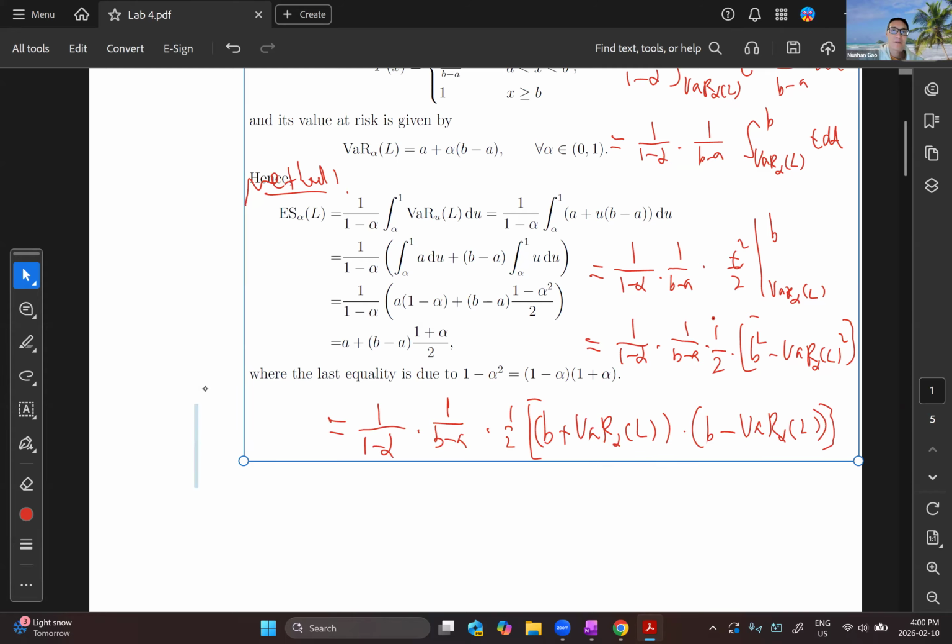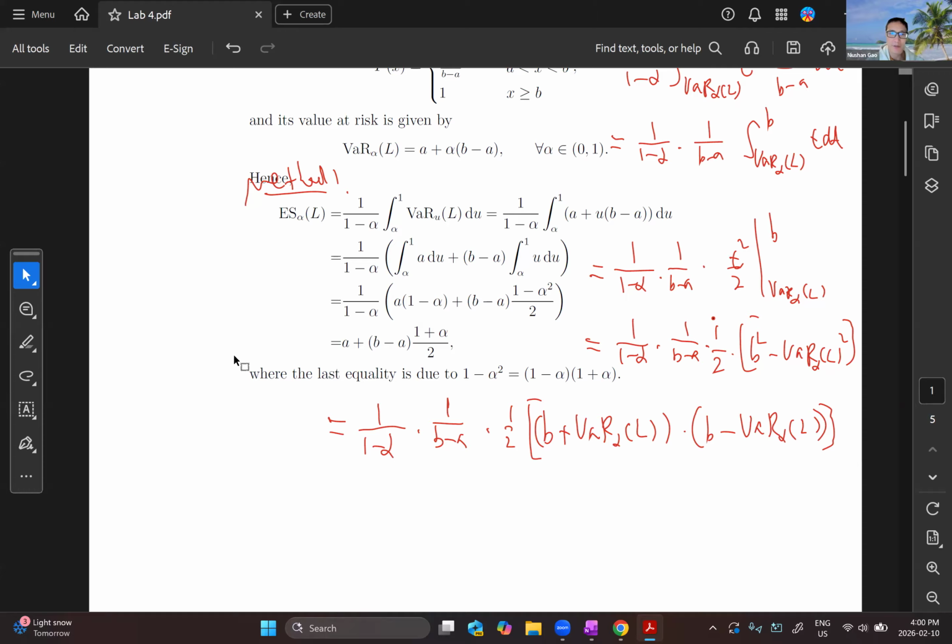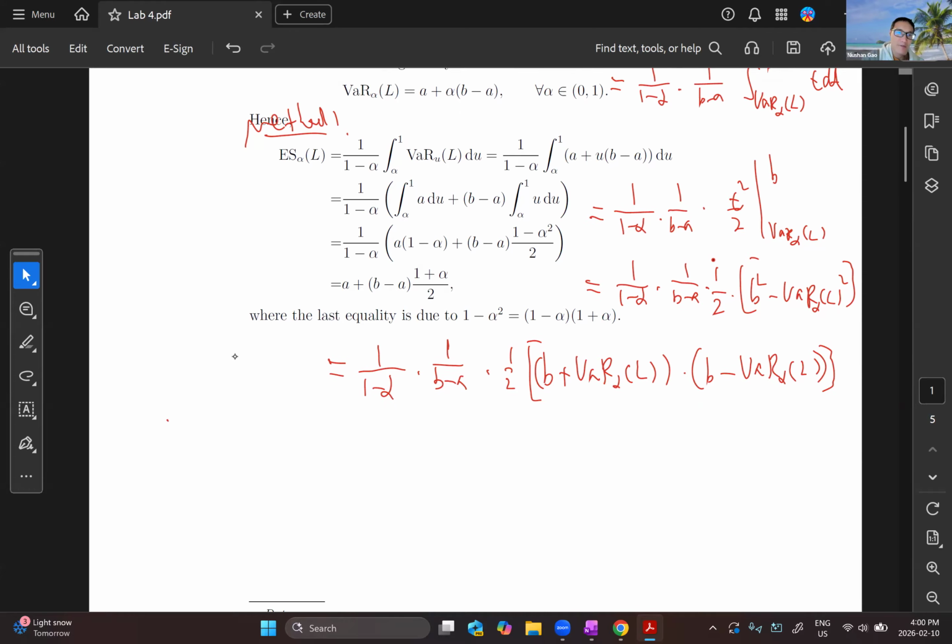Now let's see what the value at risk is. Remember, the value at risk of a uniform L is a plus alpha times (b minus a). So b plus value at risk is just b plus a plus alpha times (b minus a). What is it? I don't know, but we will see.